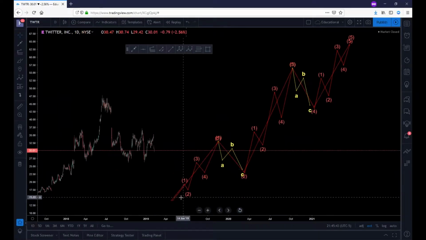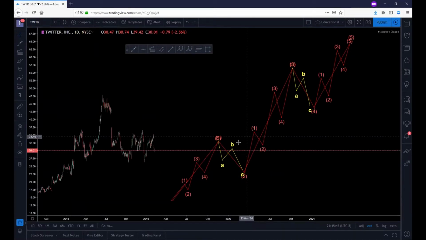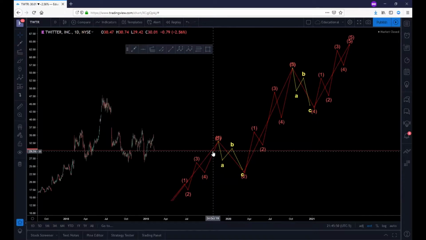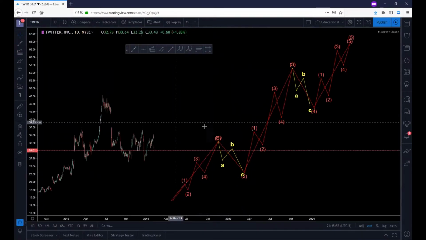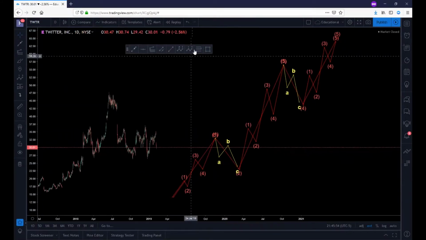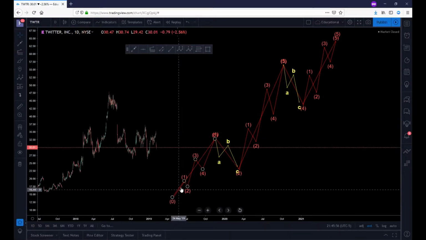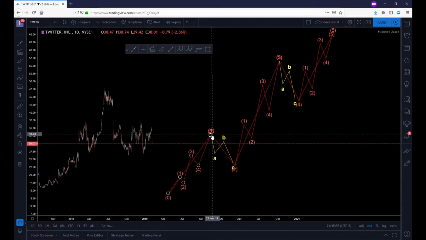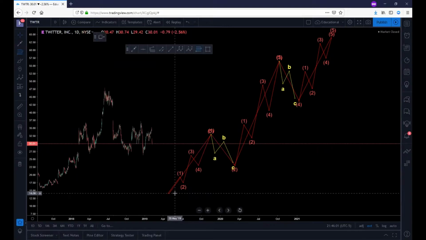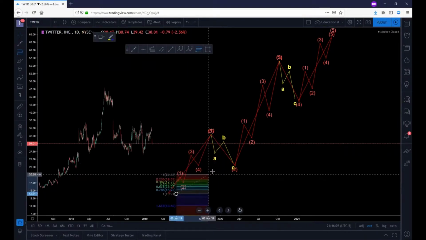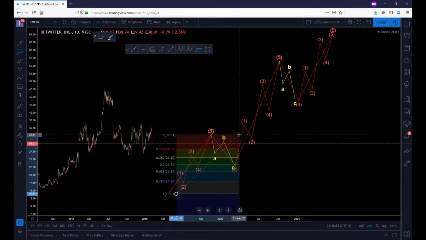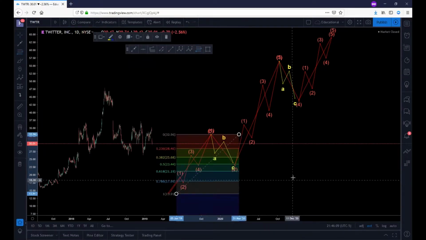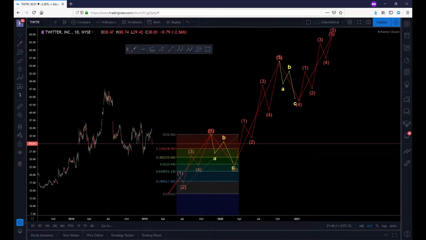Now, impulsive waves form the direction of the overall trend. And as discussed, they are comprised of 5 waves. And the Fib relationship tends to be as the first wave is put in and you find a market pivot, you should find that wave 2 retraces to between 0.5, 0.382, 0.618, 0.786.